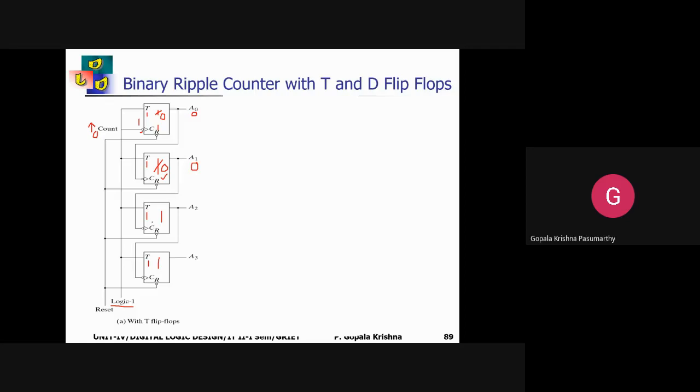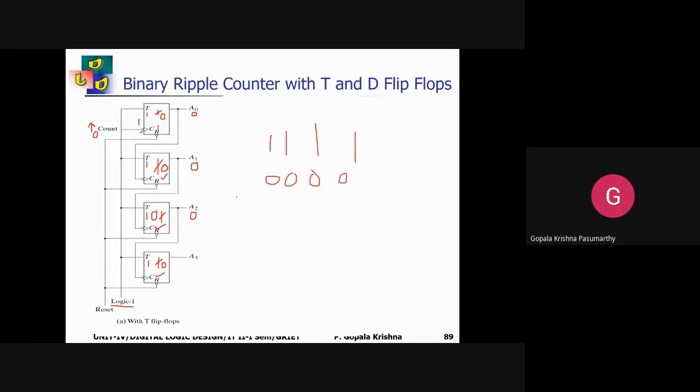If A1 is 0, this clock is active. If this clock is active, since T is 1, this flip-flop also complements and becomes 0. If this is 0, means A2 is 0. If A2 is 0, this clock becomes active. If the clock becomes active, this 1 becomes 0. So we started with 1, 1, 1, 1 and end with 0, 0, 0, 0.